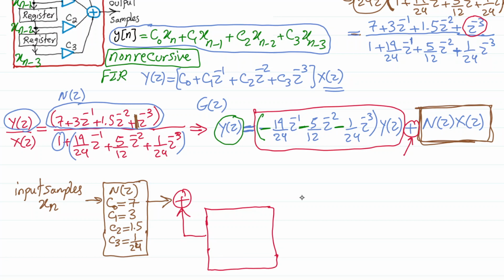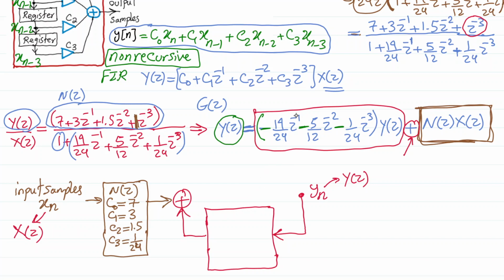Okay, so I'm taking the output, which is y of n. When I say y of n, it's n domain or time domain. Of course, correspondingly in z domain it is y of z. Same thing about x of n: in n domain or time domain it is x of n, and its z domain is x of z. So we are feeding back y of n to the second chip that is realizing this whole thing.